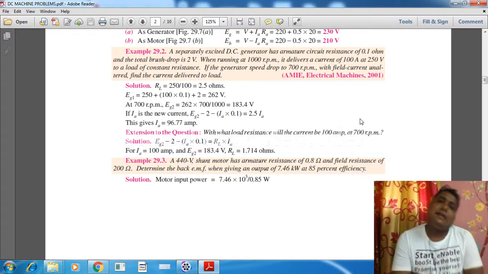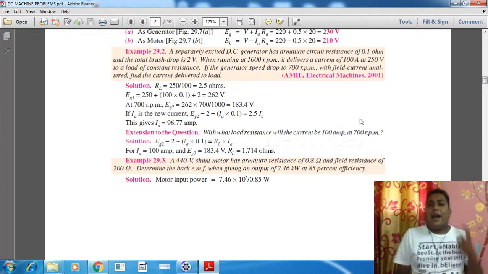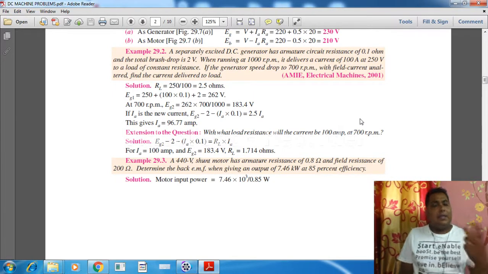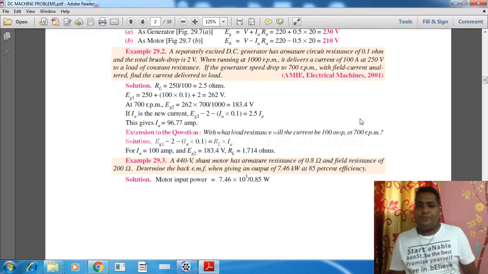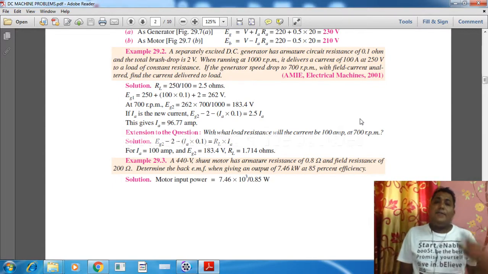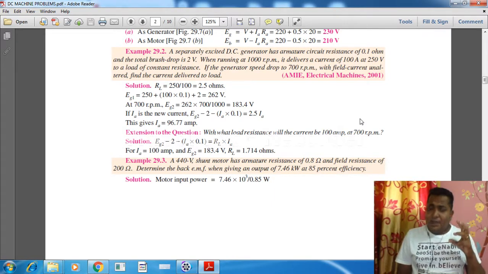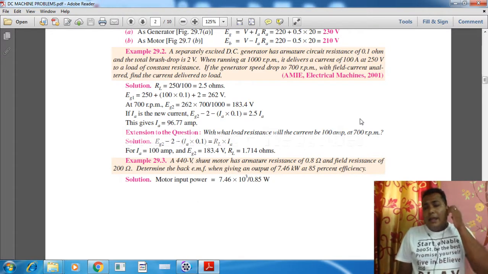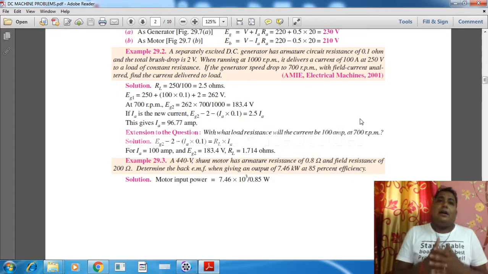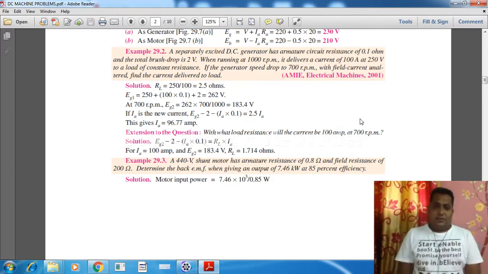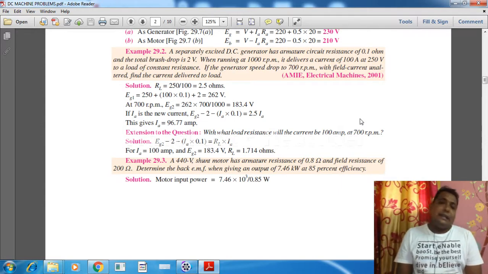That means there is an electrical terminal where it is giving 100 ampere, and there is a terminal voltage of 250 volt. If the generator speed drops to 700 rpm, now the speed of the machine, which is running at 1000 rpm, suddenly drops to 700 rpm, and it is told that the field current is unchanged. So find the current delivered to the load.